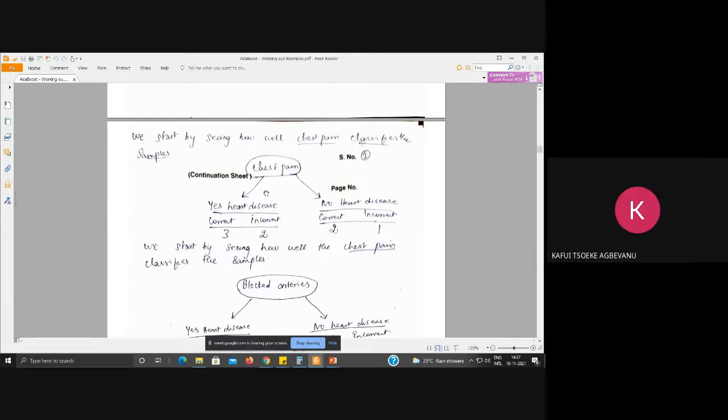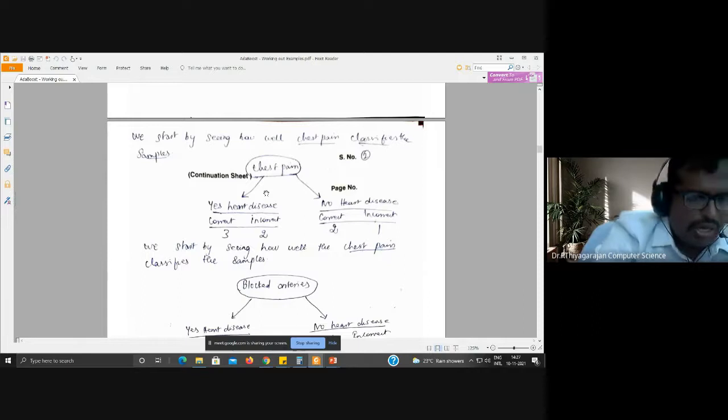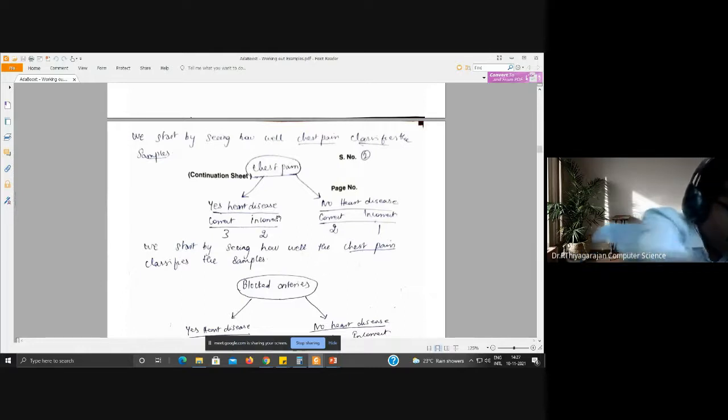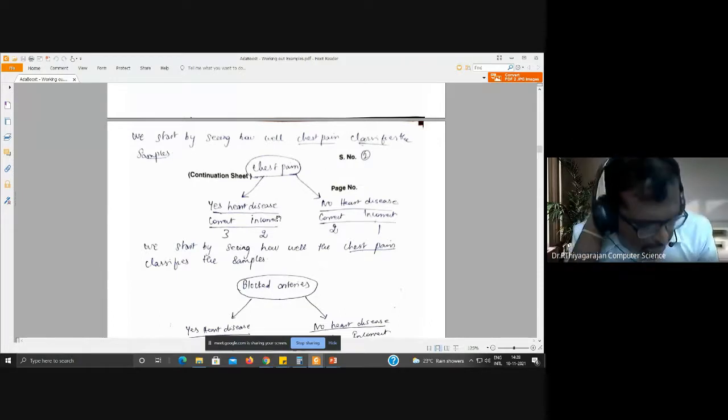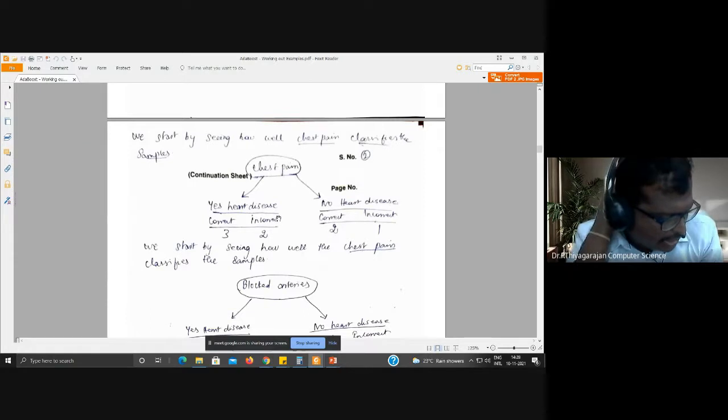The chest pain is yes and no. Look, if the chest pain is yes, whether the heart disease is confirmed, check in the data set and tell me. How many times has it given yes in the chest pain and how many times is heart disease also yes?